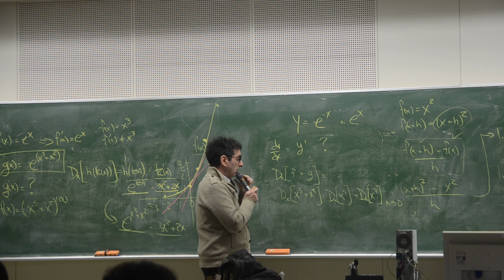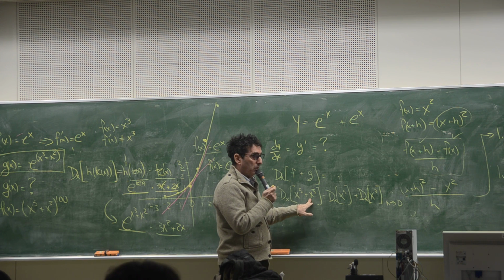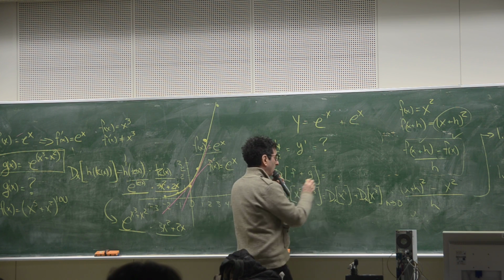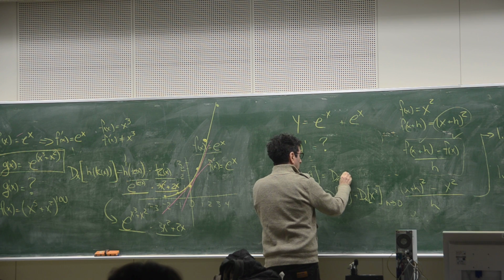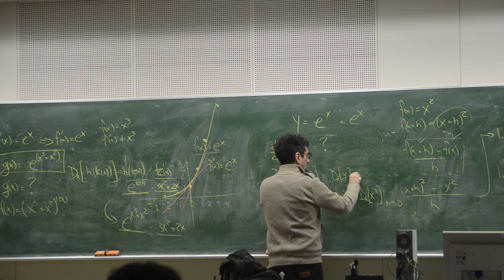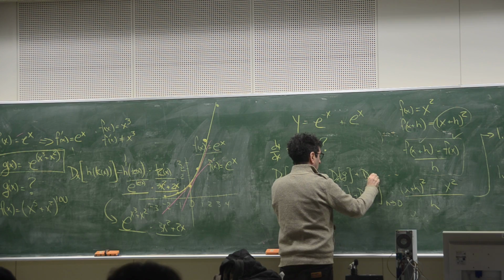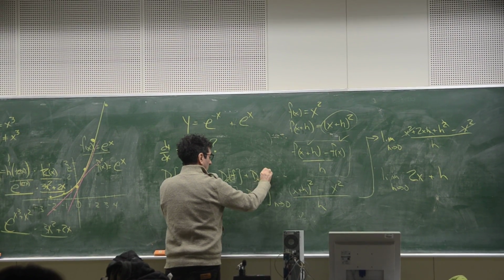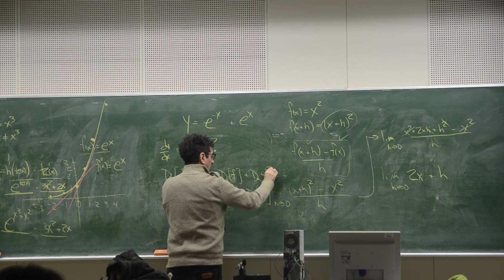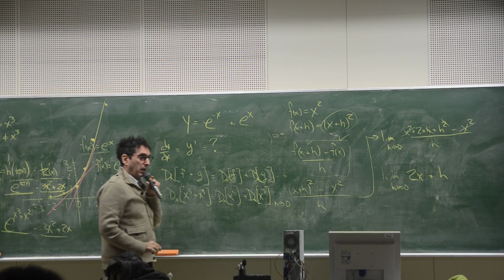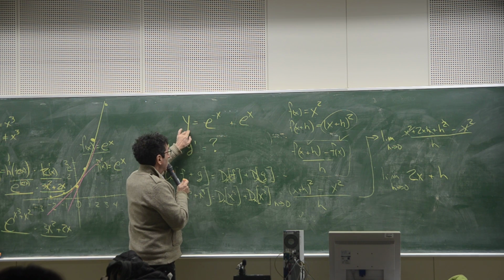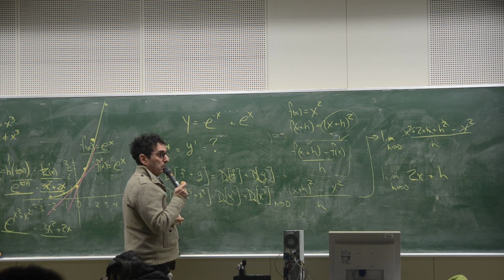So the derivative of a sum of two is the derivative of the first one plus the derivative of the second one. That was a rule that we had: the derivative of f plus the derivative of g. So we're going to need that here. The derivative of y is what?